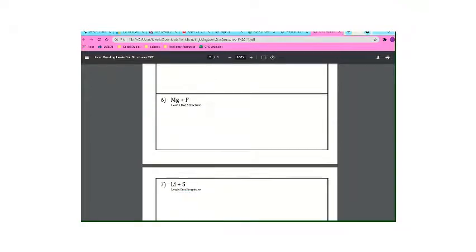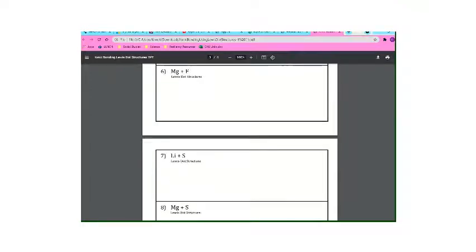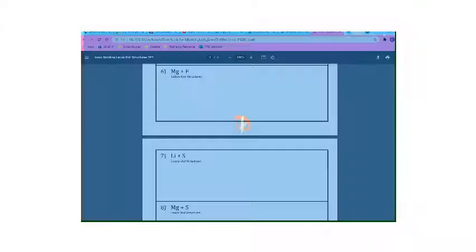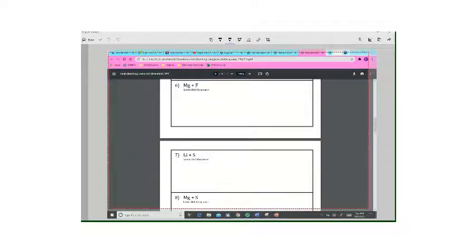So for example, this is where you left off, I think, on Mg and F, okay? So if you look at your periodic table, magnesium has a charge of +2 because it's in column 2, so that means that it would have to lose 2 electrons in order to go down a layer, right?